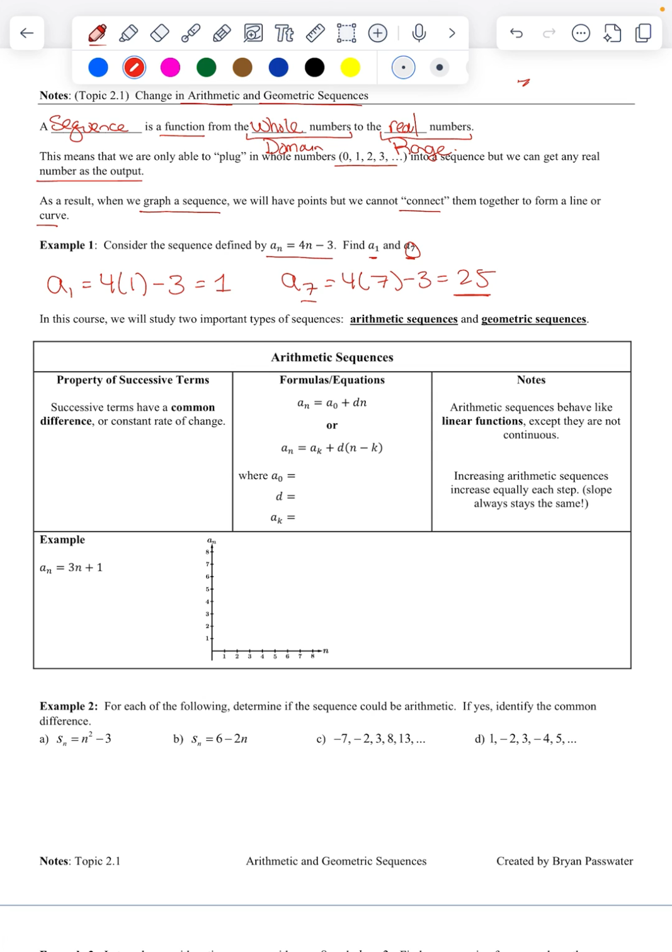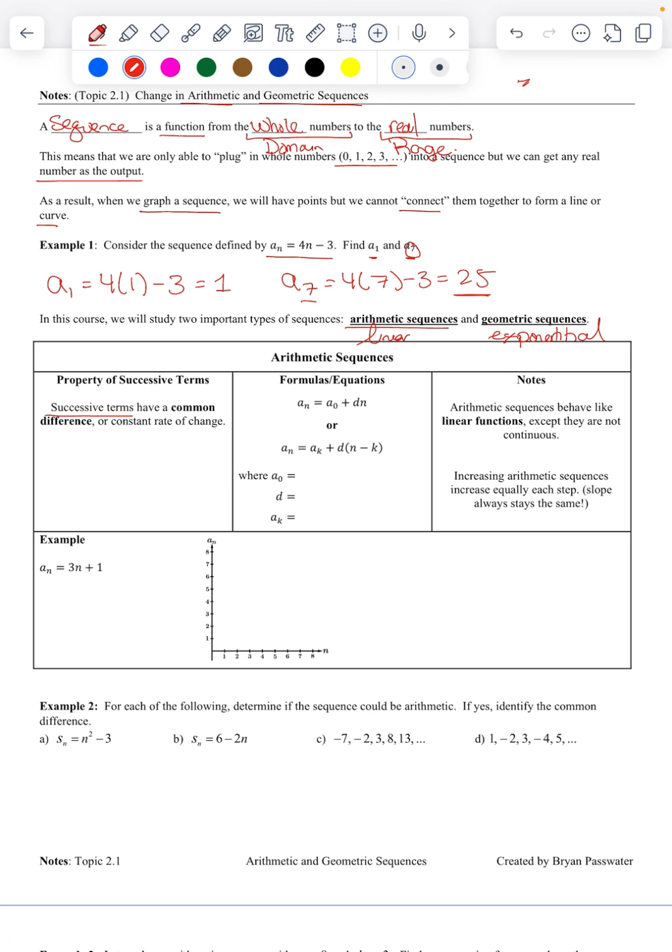So in this course, we're going to be studying two important types of sequences. You have your arithmetic, which is going to be considered our linear sequence, and our geometric, which is going to look like an exponential sequence. So successive terms have common differences.